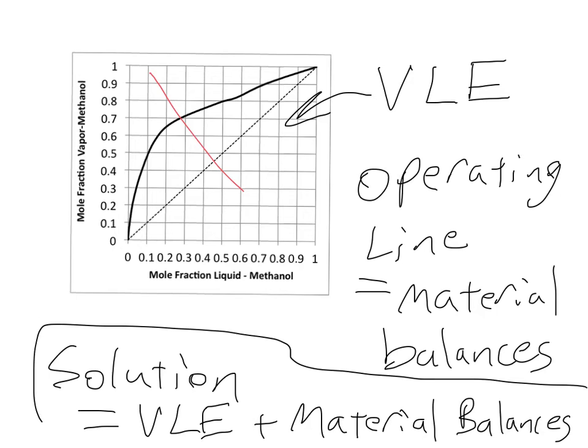So this is a nifty way that, just by drawing things on a nice graph chart, we don't have to worry about some of the messy mathematics of solving or designing a flash drum, where we might have to do some iterative guessing, or solve some difficult equations. We can just simply use the vapor-liquid equilibrium curve where it meets the operating line, or the material balance line, in order to find out the solution for our flash drum.